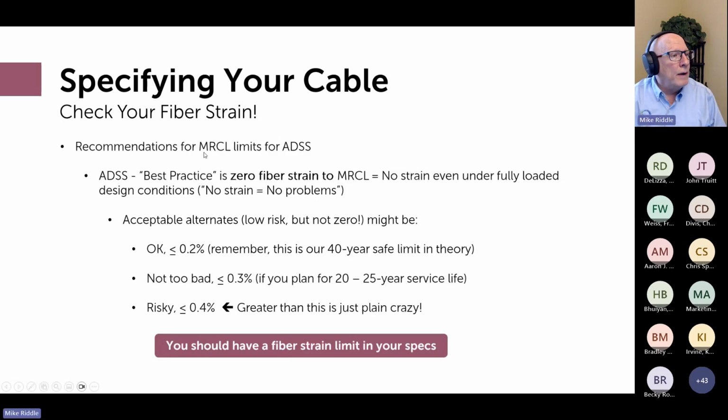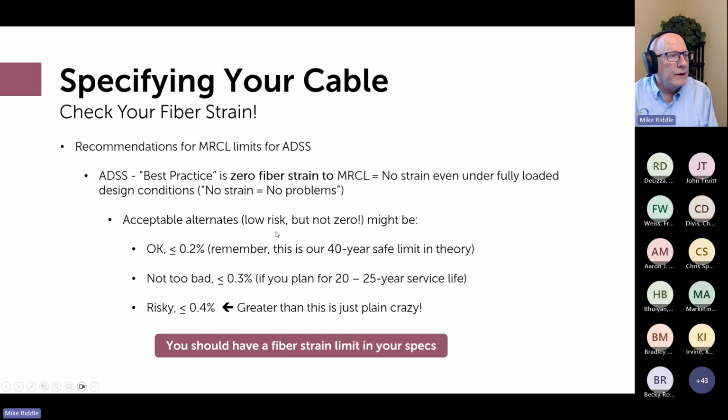So as for MRCL, remember that's the term for ADSS. Best practice would be zero fiber strain at MRCL. So no strain even under fully loaded condition, because no strain means no problems. But that's not always possible. So acceptable alternatives.